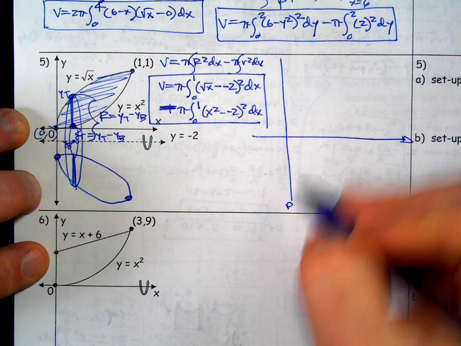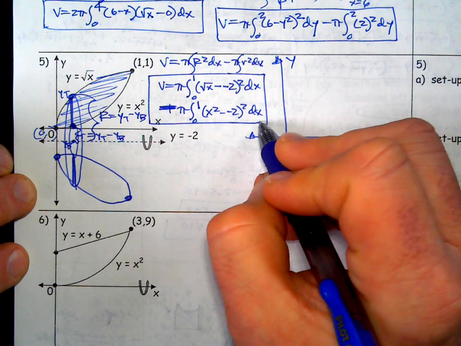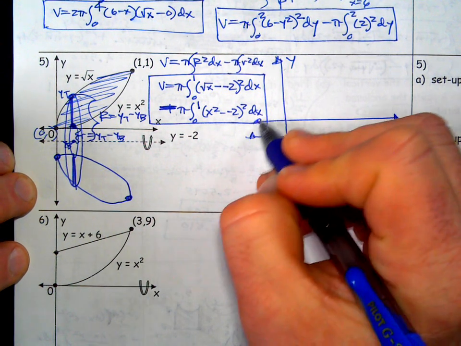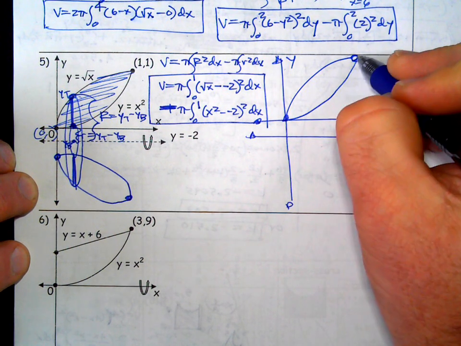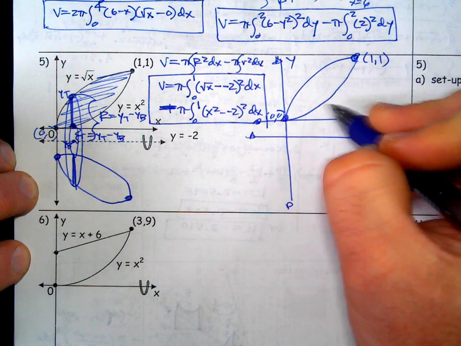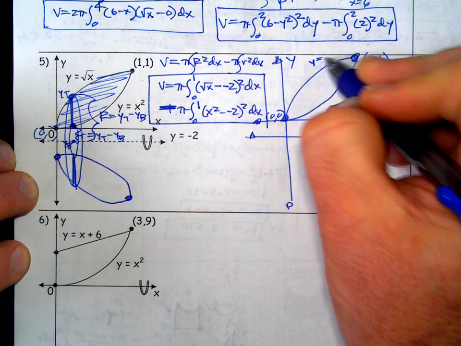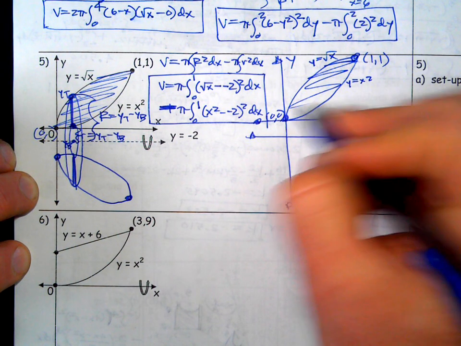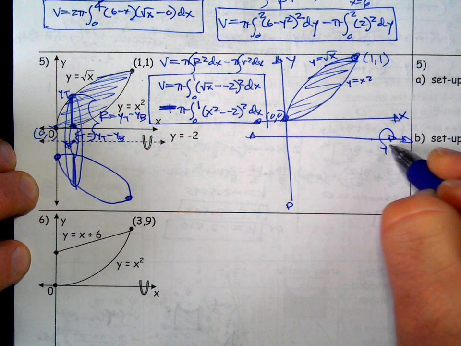I'm going to redraw the picture. I think it's worth it. Okay, so let's see. We'll crank this out real quick. 0, 0, 1, 1. This is y equals x squared. This is y equals the square root of x. This is the original region. We're spinning it around y equals negative 2.